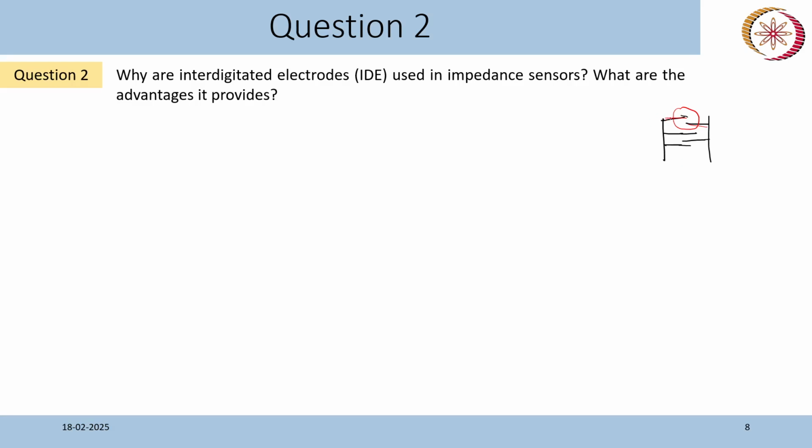Okay, so basically it provides a larger effective sensing area. That is why we go for this kind of interdigitated, comb-like structure. That is one advantage.